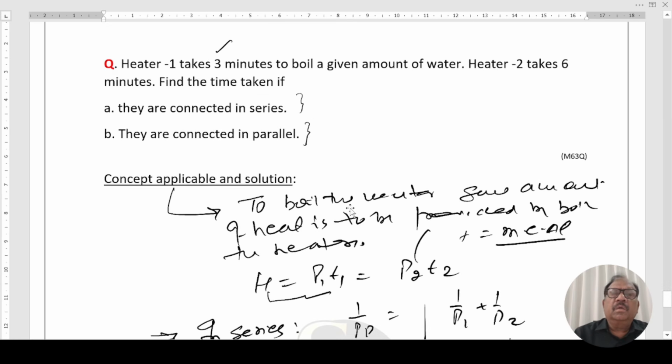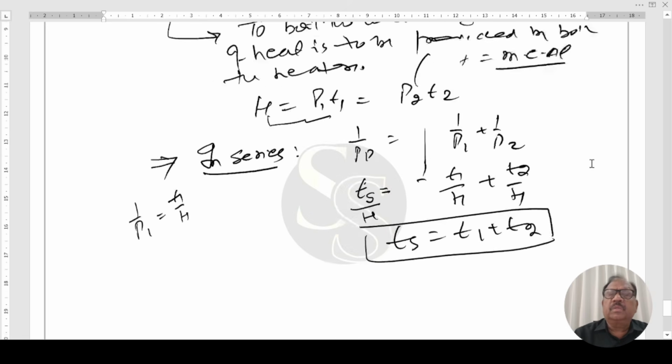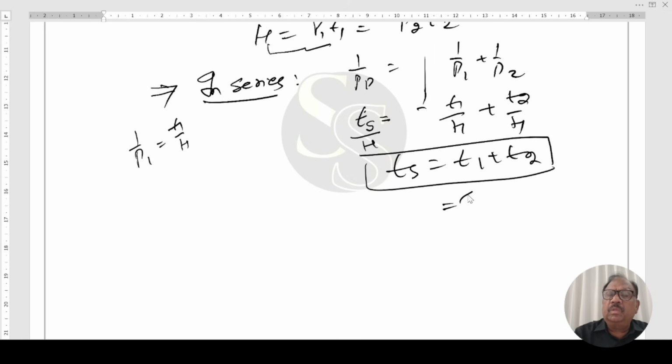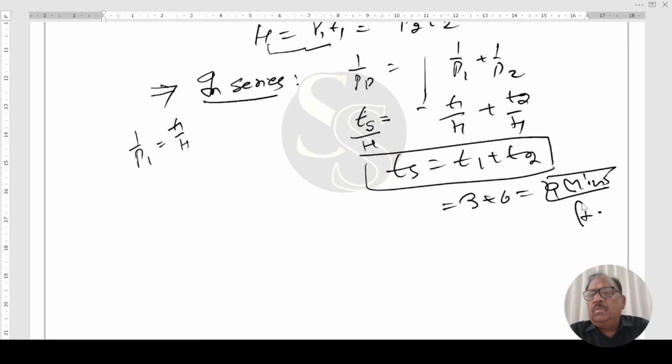In that case, 3 minutes and 6 minutes, total time will be 3 plus 6, that is 9 minutes. This will be the answer. To boil the water, 9 minutes will be taken.